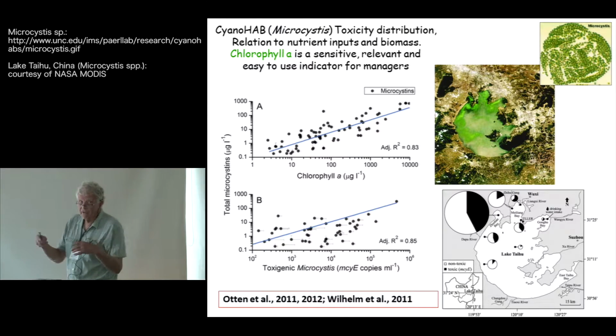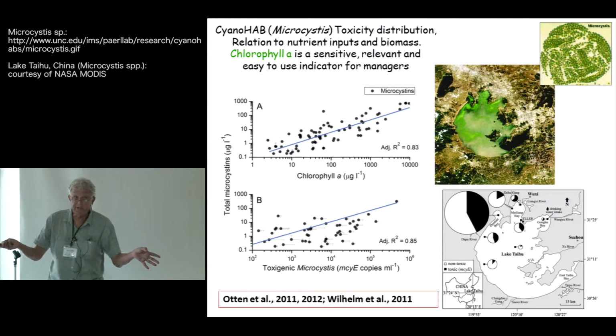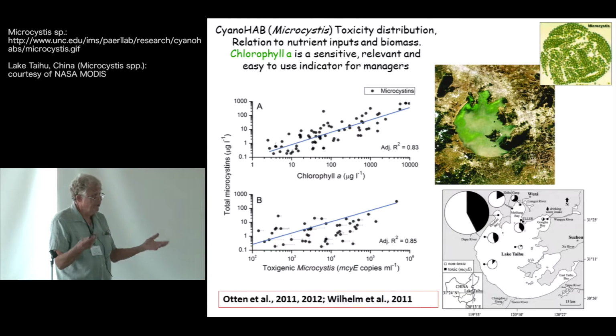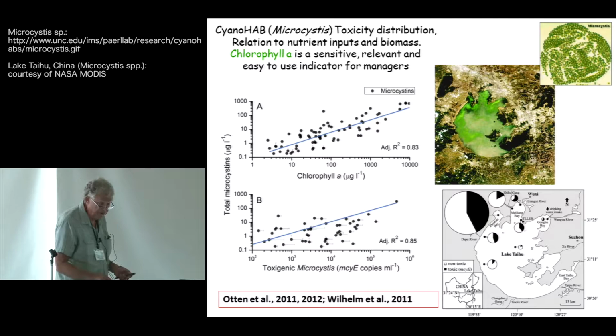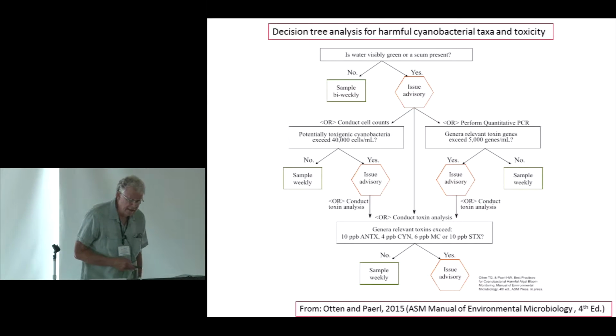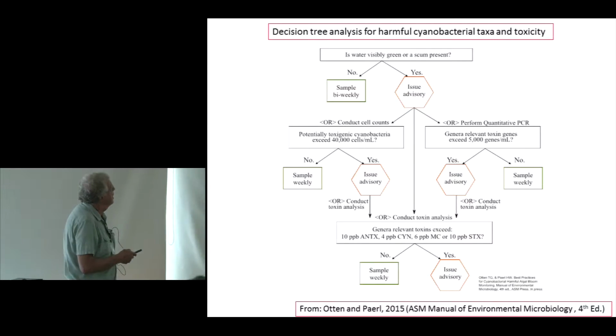So you don't need to go out and do the sophisticated toxin measurements, and that's particularly useful for drinking water operators who are concerned about whether or not they're exceeding or meeting the safety standards for using the lake for drinking water.